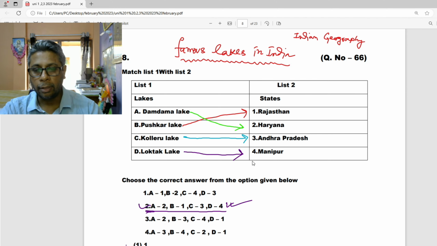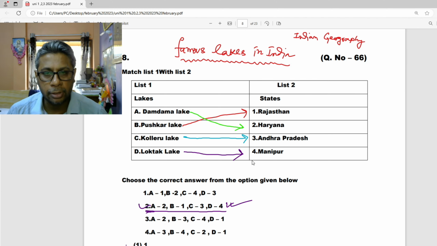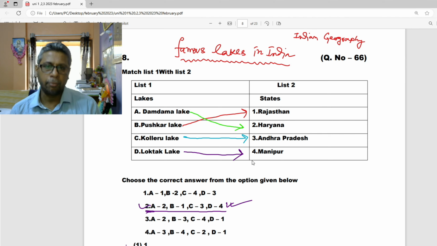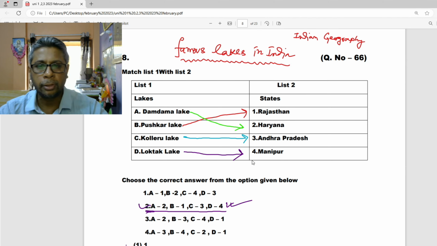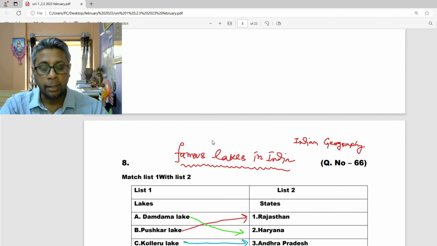So, when we prepare the geographical attractions in tourism, we have to remember the falls, waterfalls. Number 1, number 2, famous lakes. Apart from hill stations and beaches, most of the students prepare hill stations and beaches and give them first priority, and ecology and environmental areas.